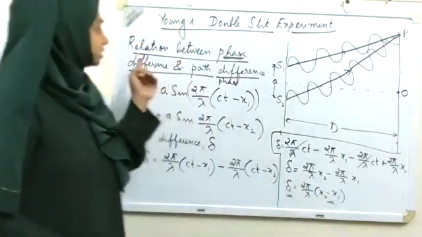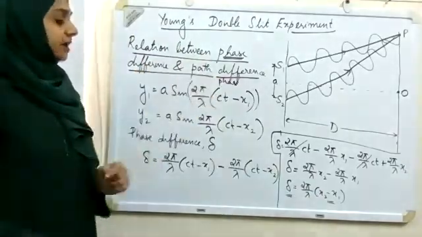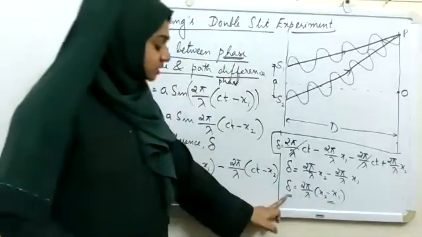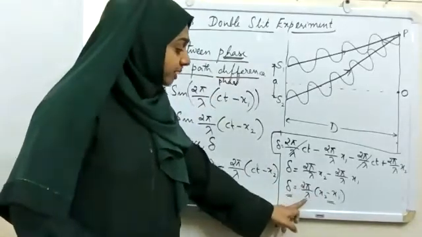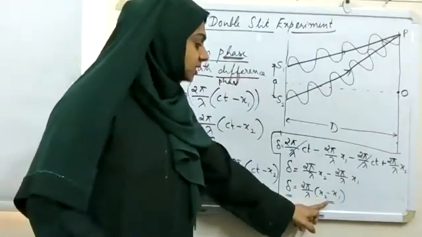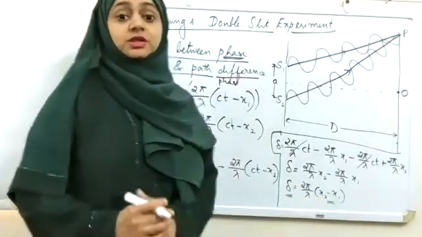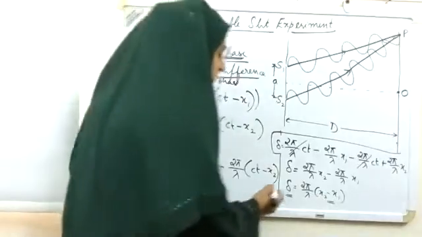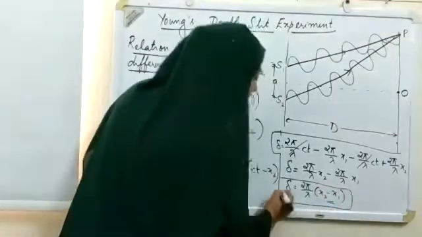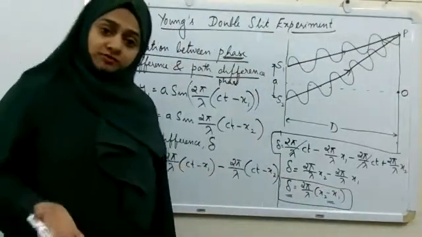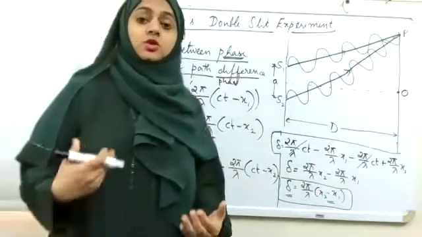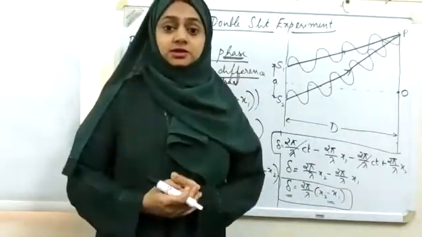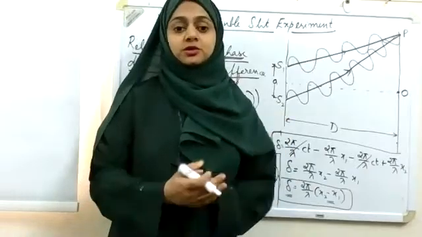The relation between phase difference and path difference is: phase difference is equal to 2 pi by lambda times the path difference. You will need to memorize this equation. This will be required for solving numerical problems and also for our further derivations. Is this part clear to you?